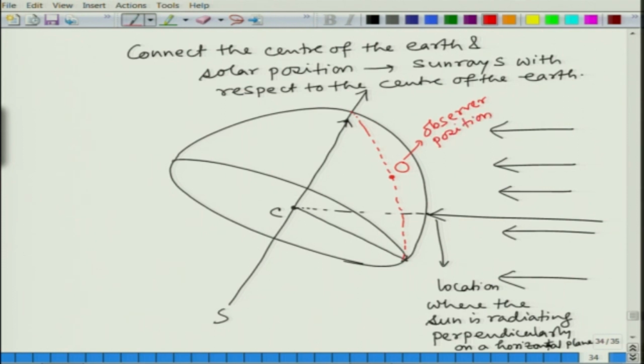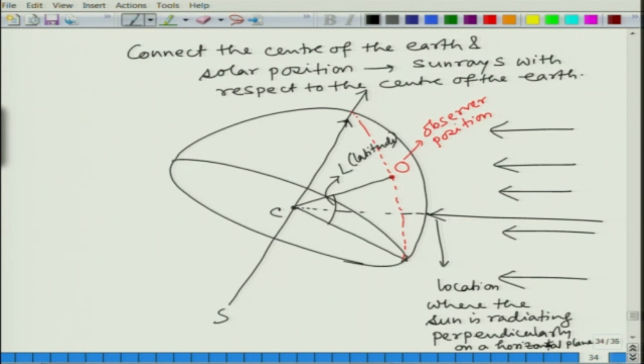Now, if you connect the center of the earth to the observer location and then drop a projection on the horizontal plane, this angle is your latitude, right. So this angle is your L, which is latitude. Clear?